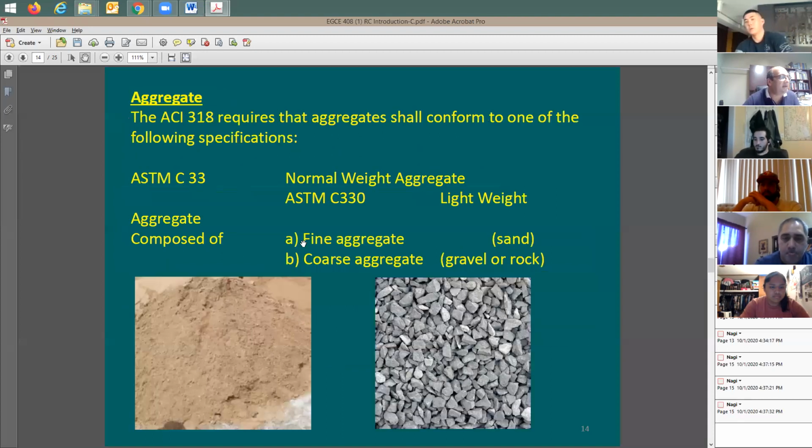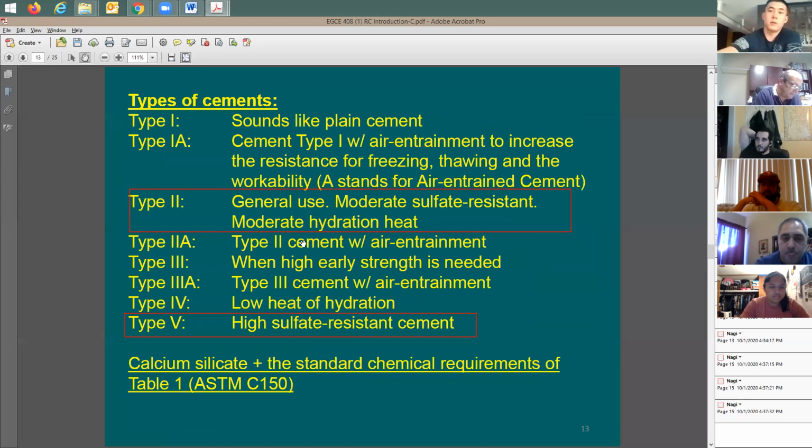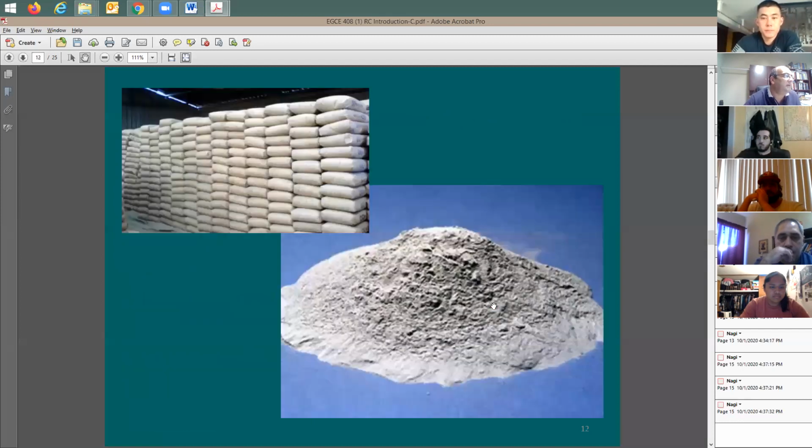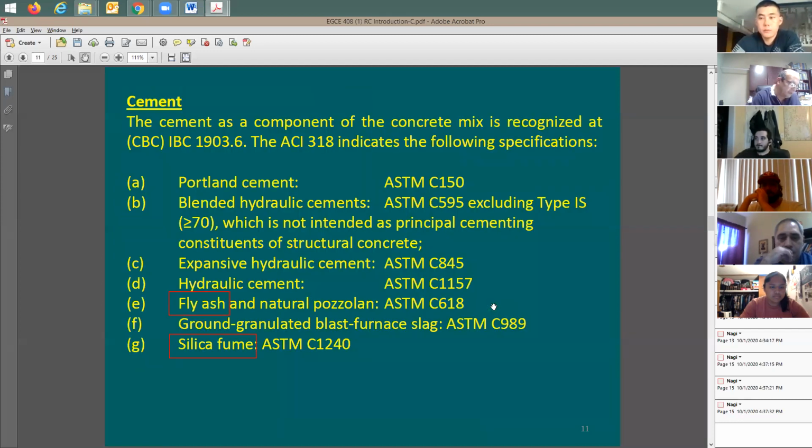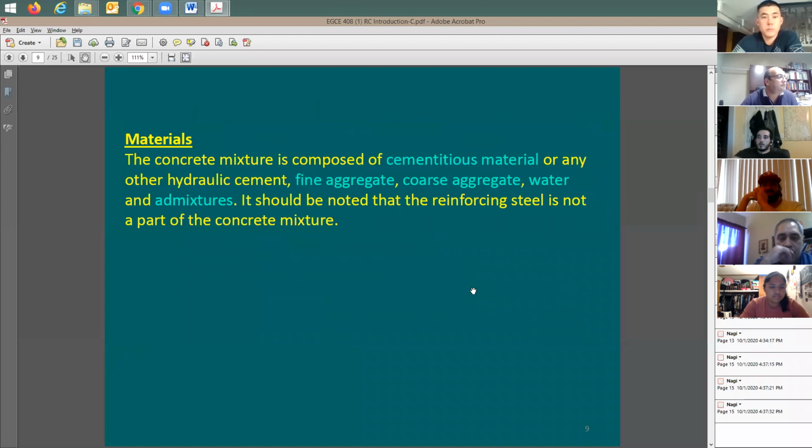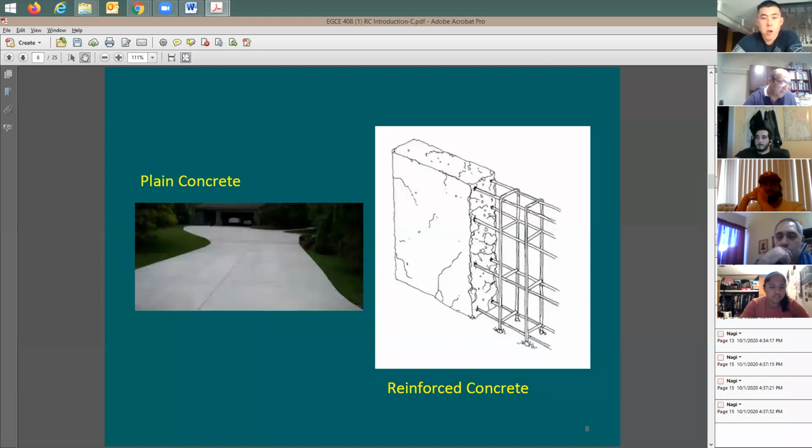So we talked about the aggregate, we talked about cement. We talked about silica fume and fly ash. Plain concrete versus reinforced concrete.